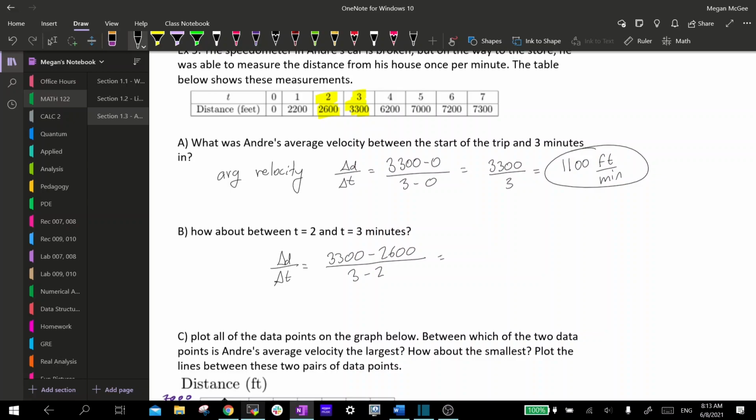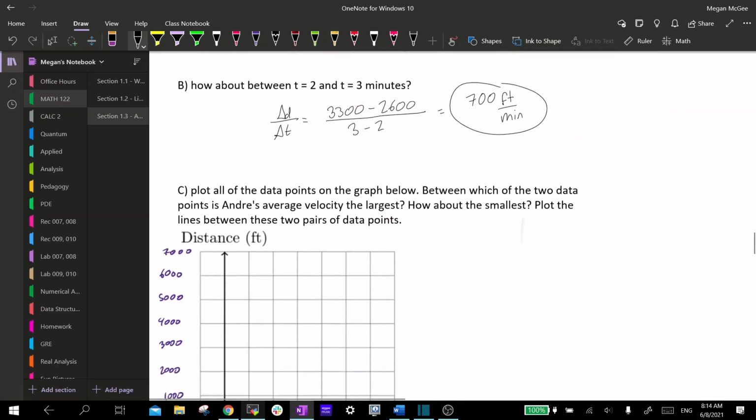So that is going to give us 700. So 700 feet per minute. And that is our average velocity between 2 and 3 minutes.